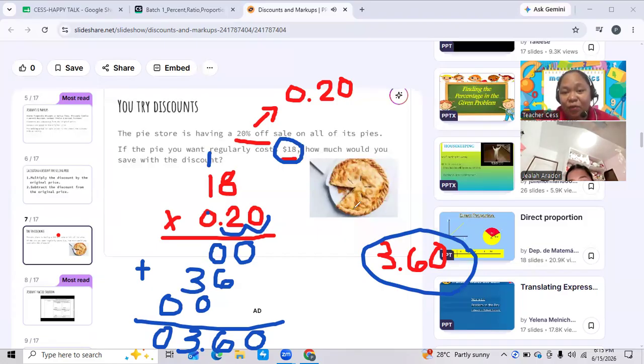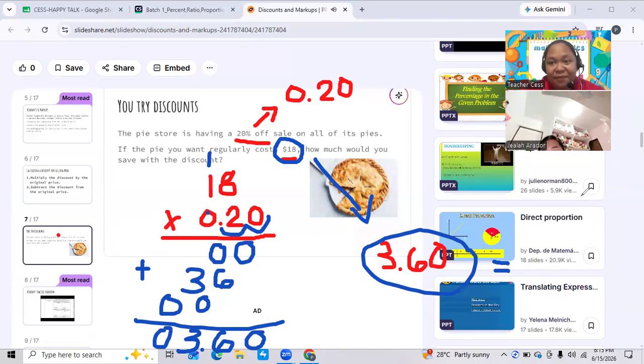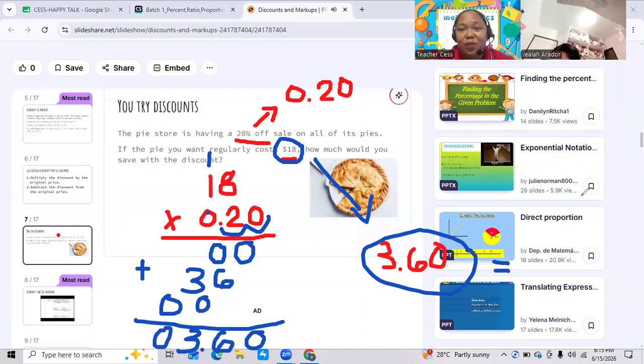Because that is the discount. So what will be your selling price? Selling price is the price that you're going to pay after the discount. Because you will subtract the discount, right? Yes.